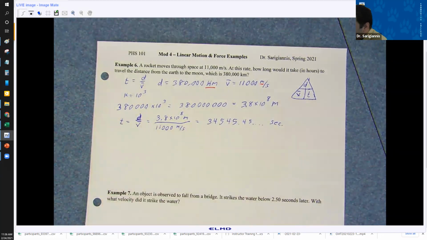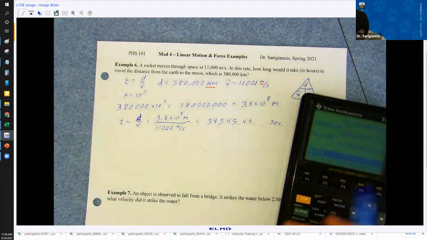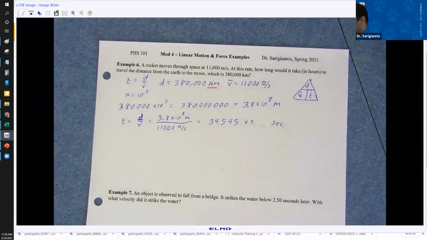This is the equivalent of taking your calculator and continuing to do the math. When you do calculations in, say, a spreadsheet or on a computer, the computer carries through all the digits as far as it can until the end. And in the end, it's up to you to round to the significant figures.